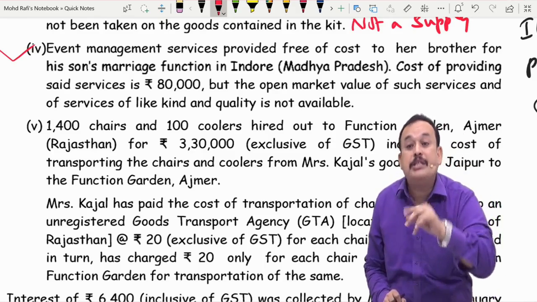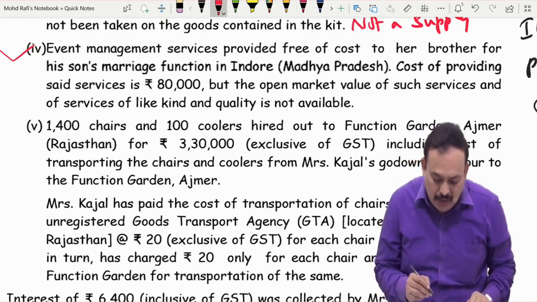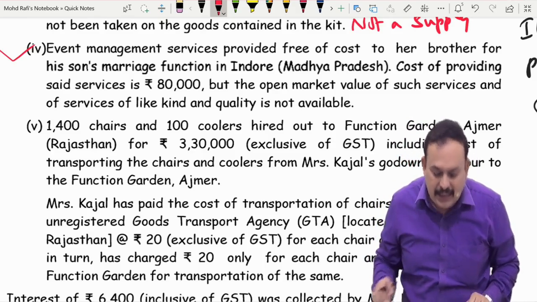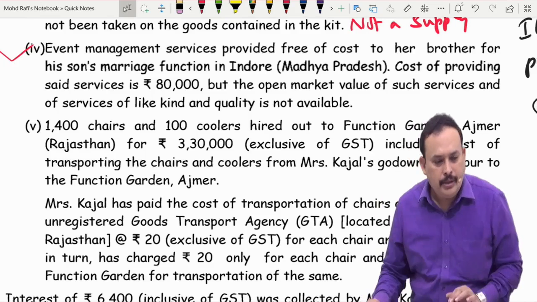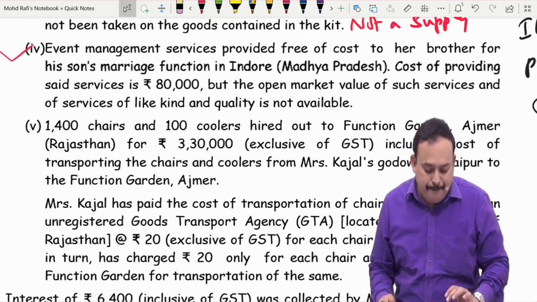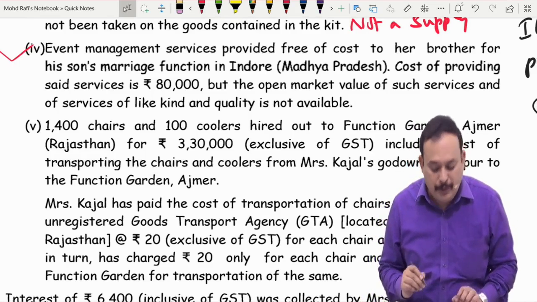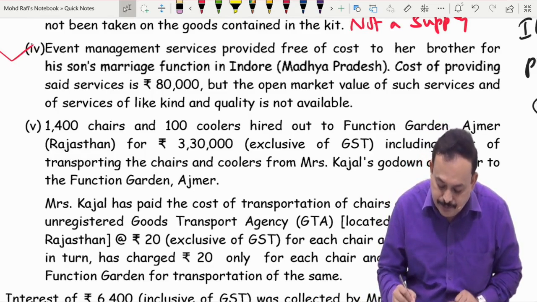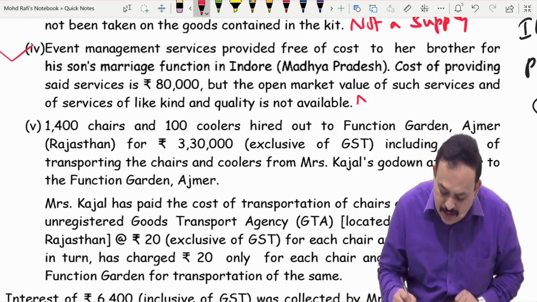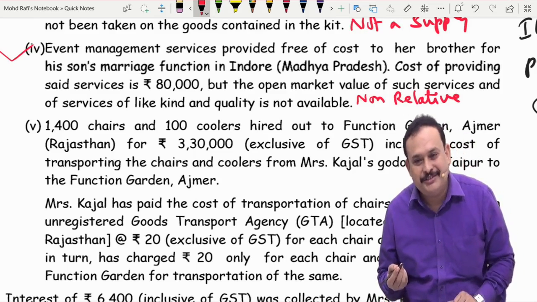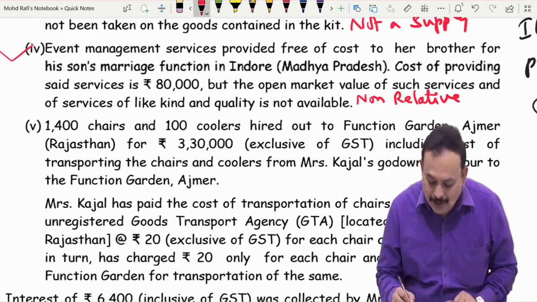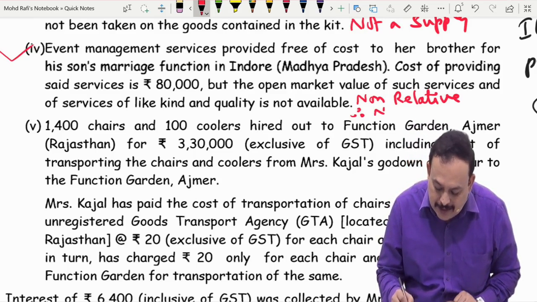That is a positive assumption. So, I will take here a positive assumption. In the given case of point number 4, I will say that, assuming non-relative and no consideration, therefore it is not a supply.